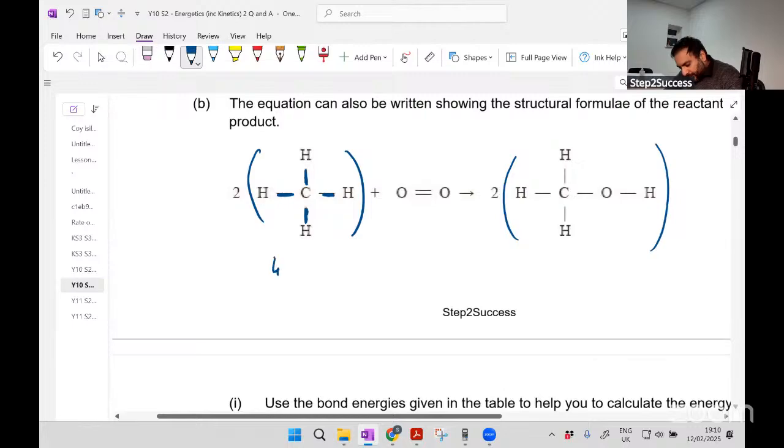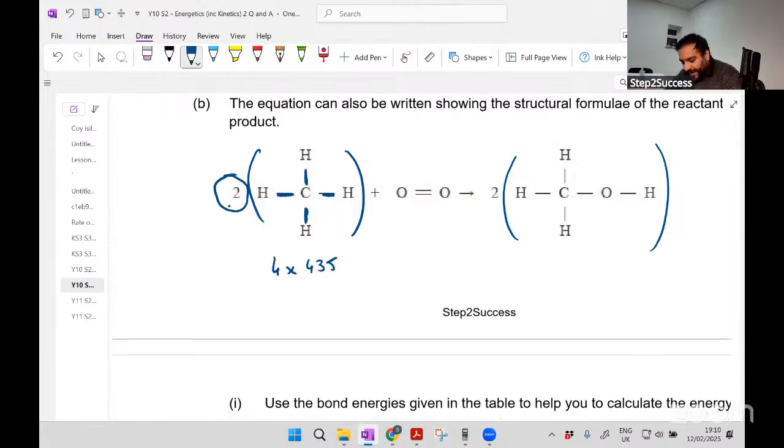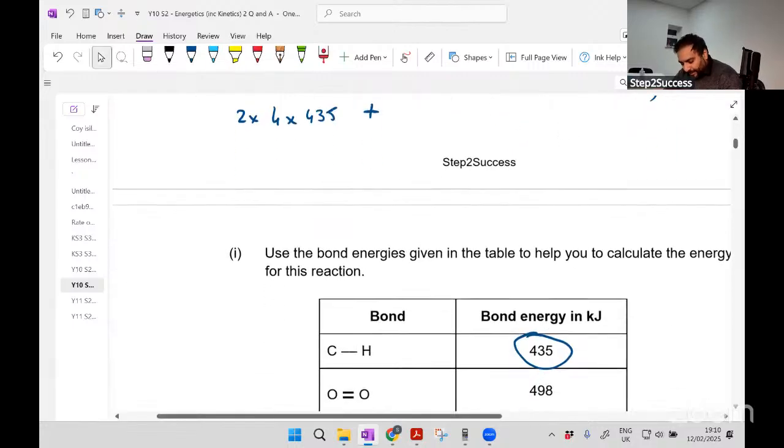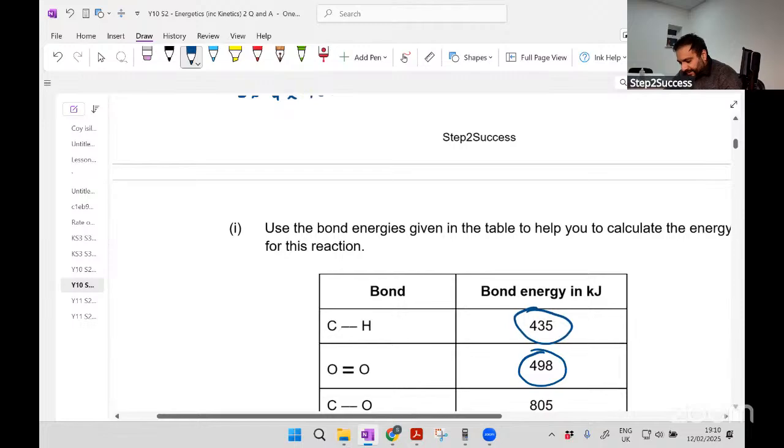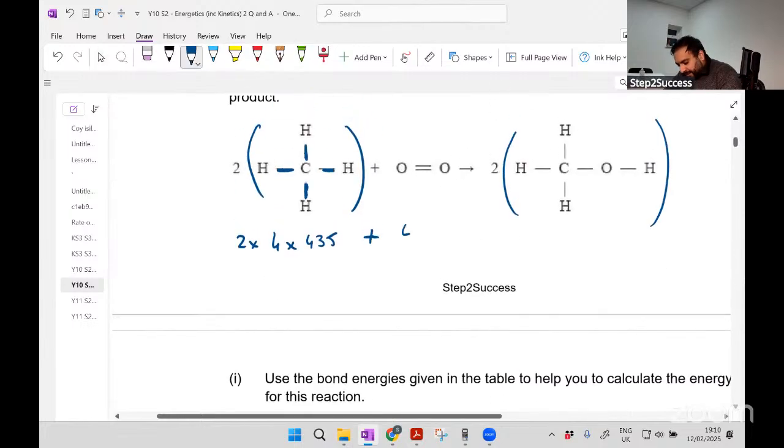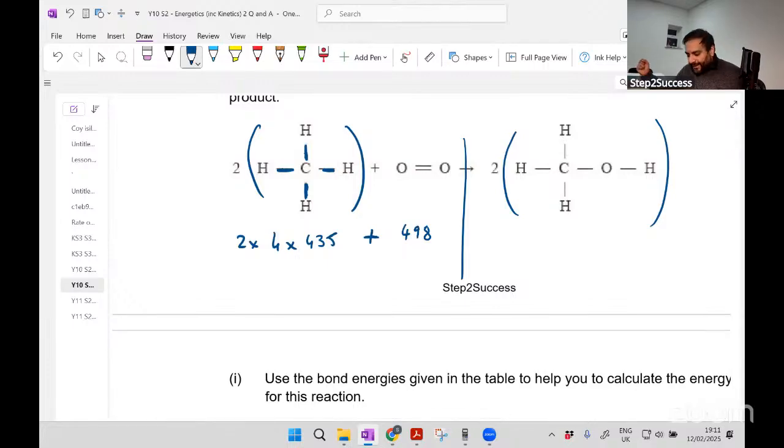So I'm going to do four lots of 435 here, but I'm also remembering that everything's being times by two, so I'm going to include that two times. I'll explain this afterwards. We'll just get to the right answer. Plus O double bond O, which is 498. So when you do these questions, what you want to do is work out your number for the left-hand side of the arrow and then your number for the right-hand side of the arrow.